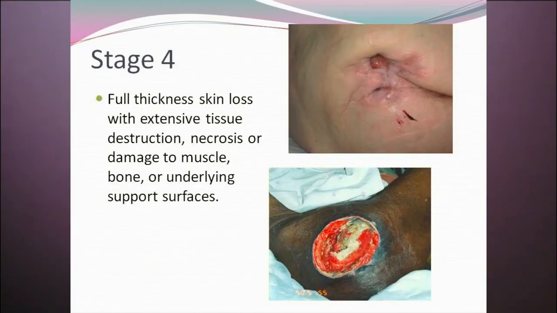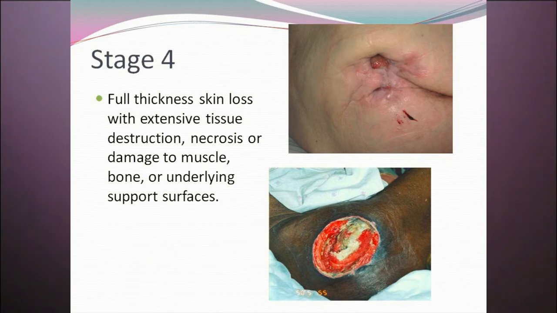And with a stage 4 pressure injury, you may sometimes have exposed bone, tendon, you may have hardware exposure in some cases. Usually this represents extensive tissue damage. And as you can probably appreciate, your stage 3 and stage 4 pressure injuries are the most challenging for us to try to treat. Here are a couple of examples for you clinically.